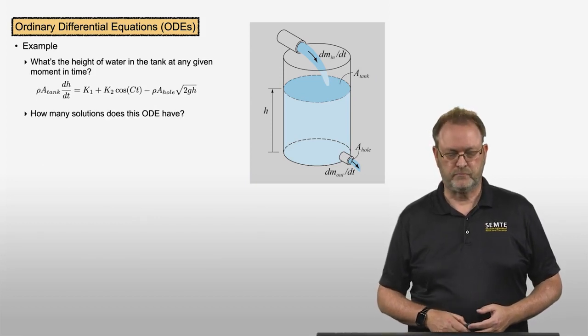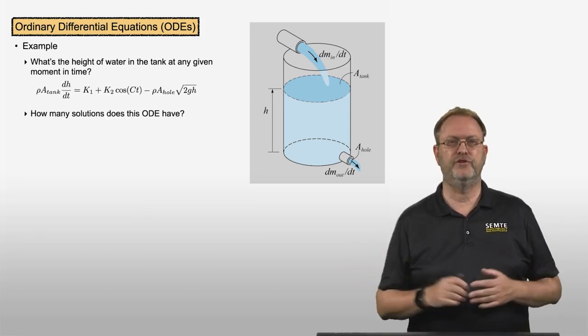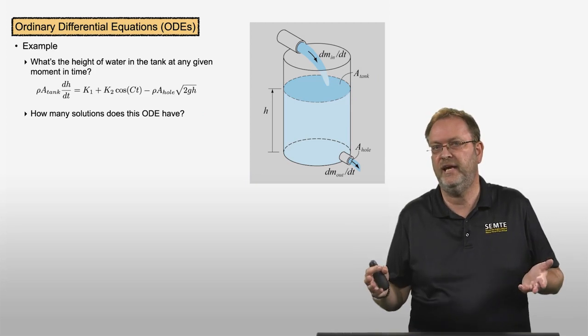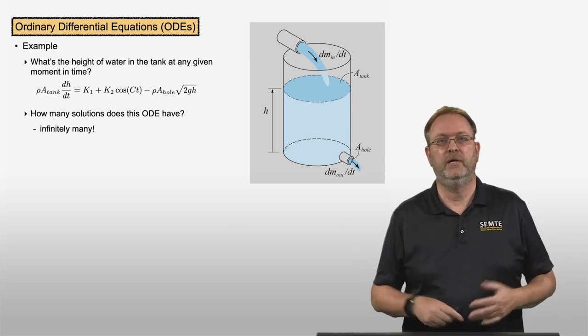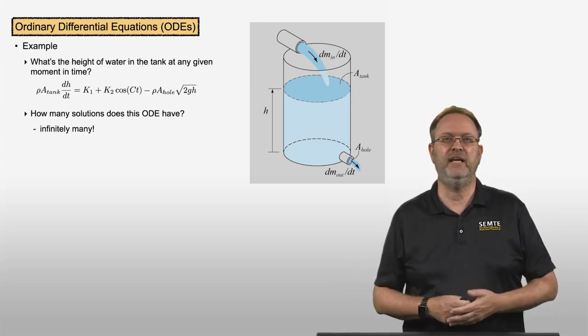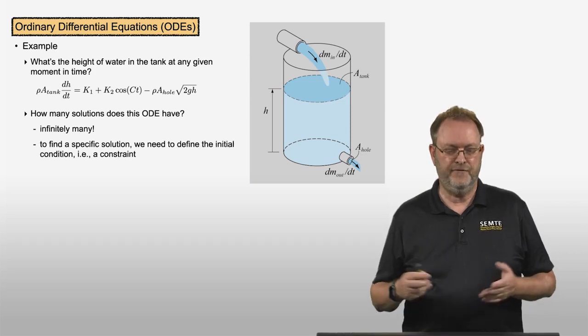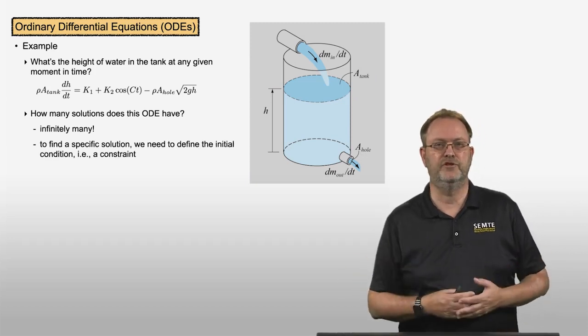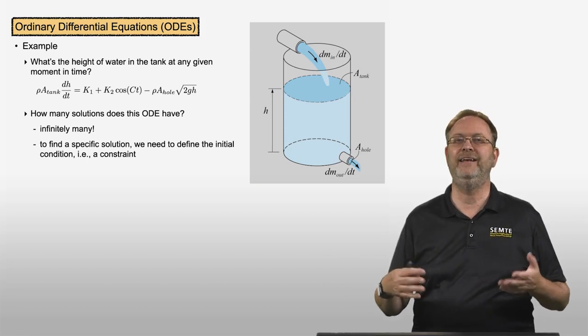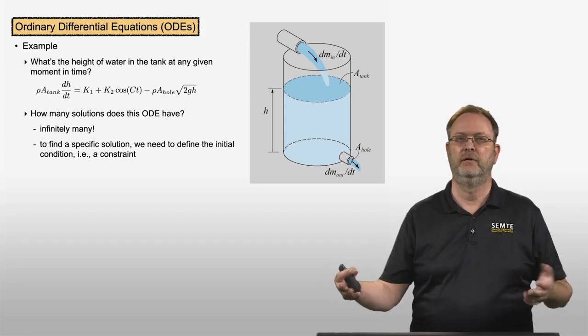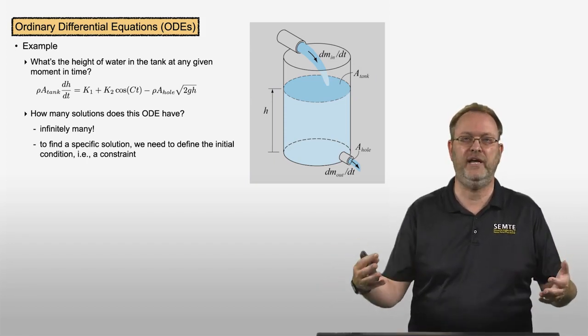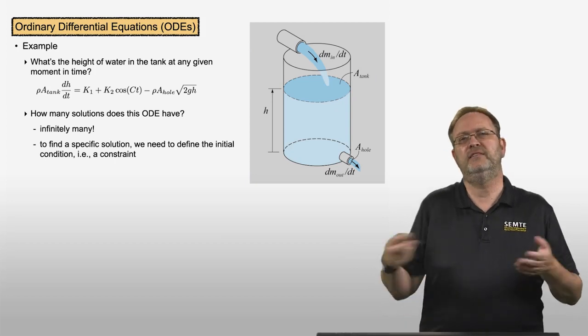Okay, so how many solutions does this ODE have? Well, it turns out it has infinitely many solutions. To find a specific solution, we need to define an initial condition, or also called a constraint on the solution. Now, what is this initial condition?